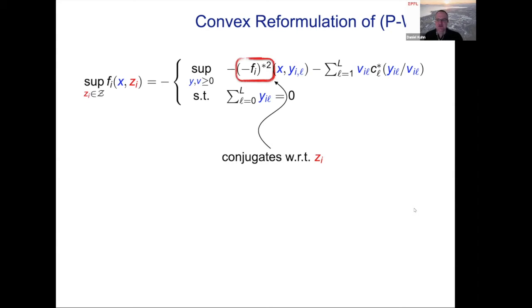And here we should recall that this dual problem involves the conjugates of the objective and constraint functions with respect to the uncertainty realizations z_i. So this is really the conjugate with respect to the second argument here, whereas the first one, the x, is kept fixed.